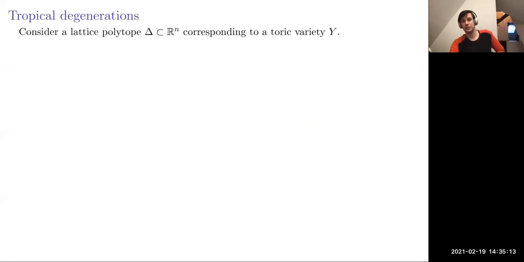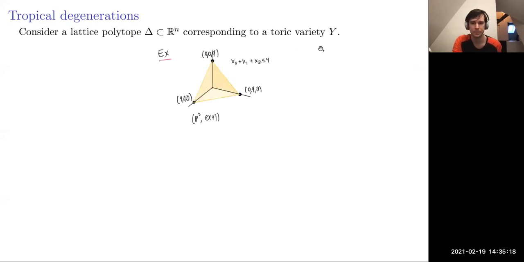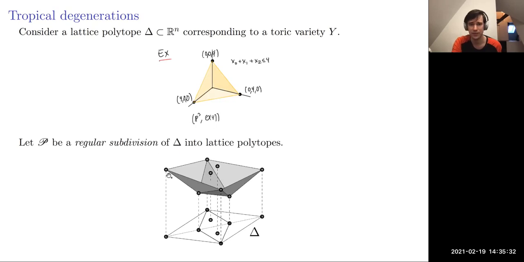All right, so I'll start with a lattice polytope corresponding to a projective toric variety Y. Here you see the polytope of P3 polarized by O(4). If you take a regular subdivision of this polytope, what does that mean? Basically we take an integer valued function on the lattice points of delta, and we take the lower convex hull of this function.